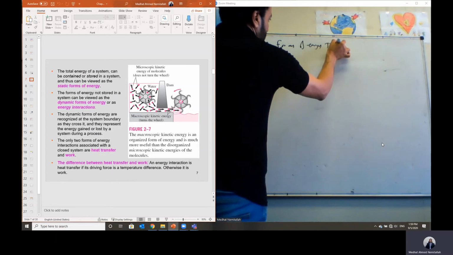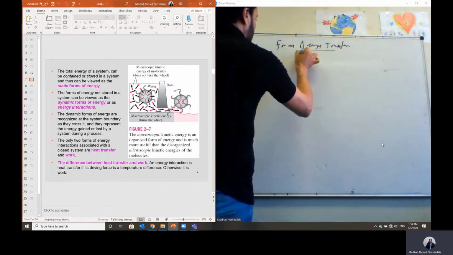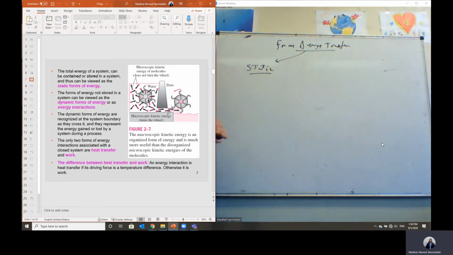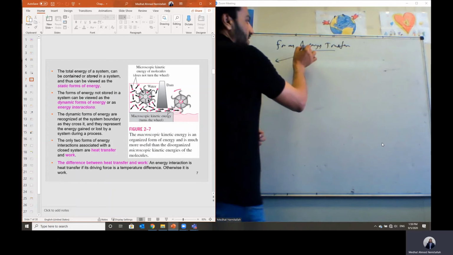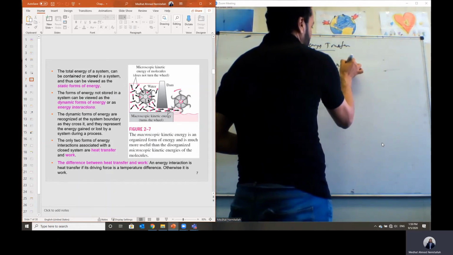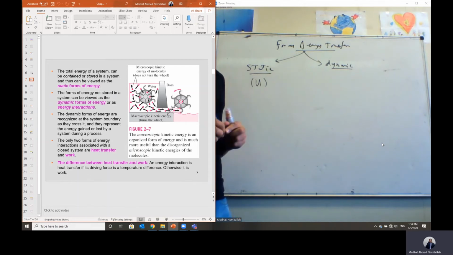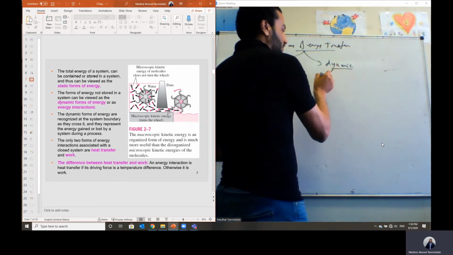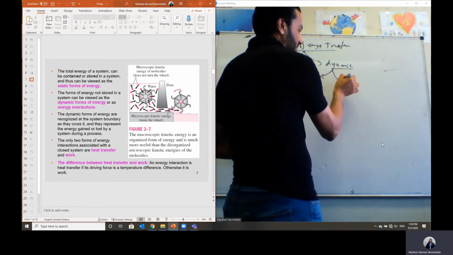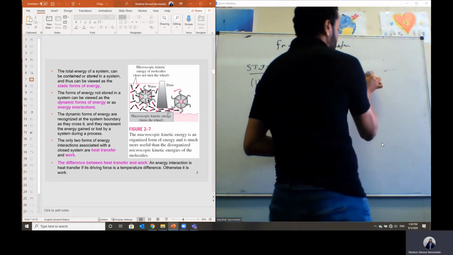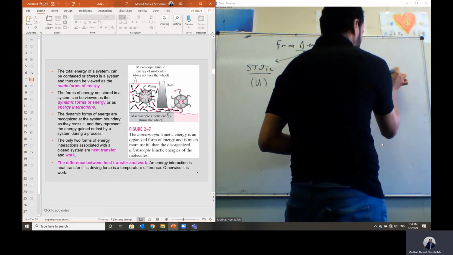And we have the dynamic form of energy. Dynamic means it can cross the system boundary and it can generate work. The dynamic form of energy, like heat transfer, can cross the system boundary, like work can cross the system boundary, and also like the energy transfer by mass.